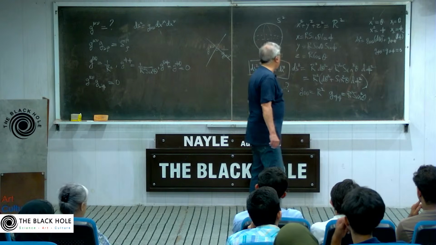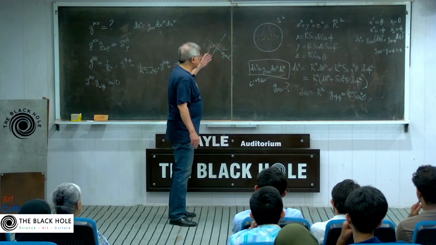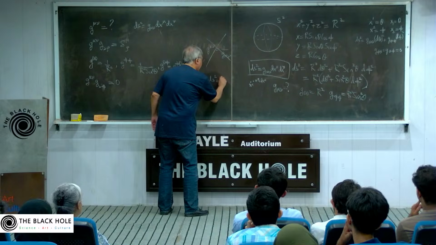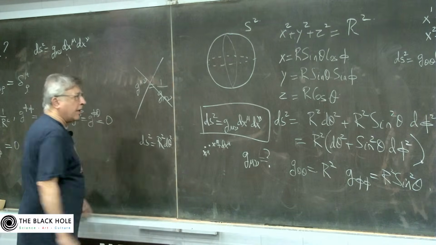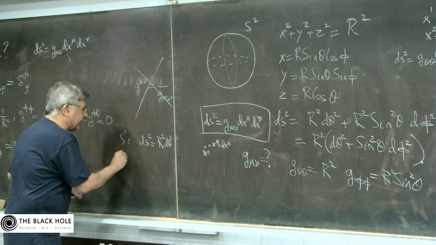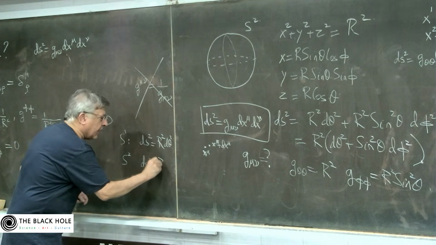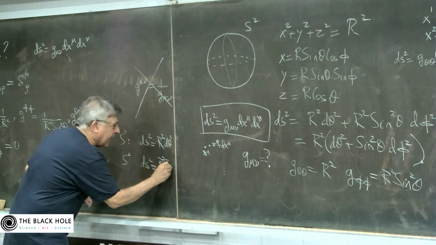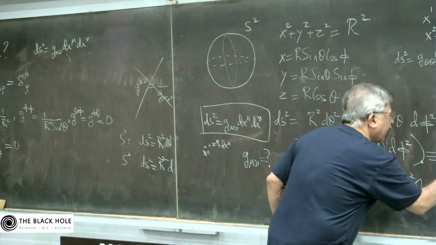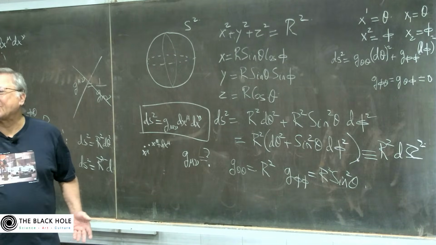Okay, so if you take a circle, we found ds squared was r squared d theta squared. When we took S1, that gave us that. When we took S2, ds squared was r squared, and I don't want to write this whole thing over here, so I'll call this d omega squared, because this is what you call the solid angle.